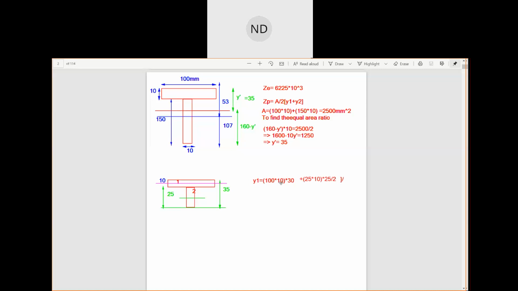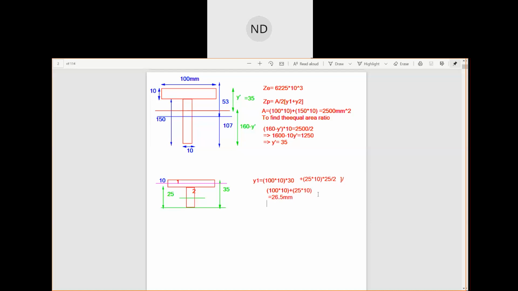A1 was our 100 into 10, already mentioned here, plus we have the second member area 25 into 10. So y1 is this plus this, a1 y1 plus a2 y2, divided by a1 plus a2. So what is your total y1? After calculation you will get 26.5 mm.